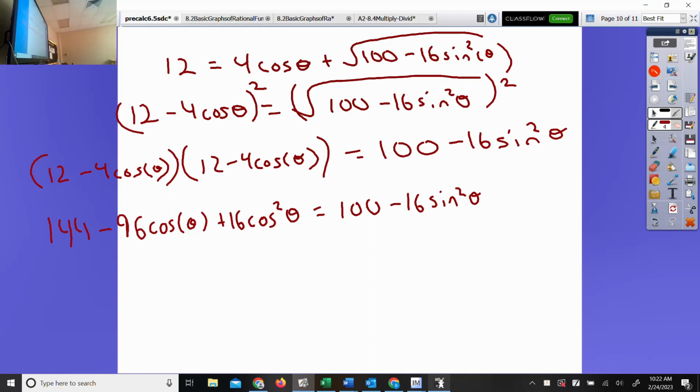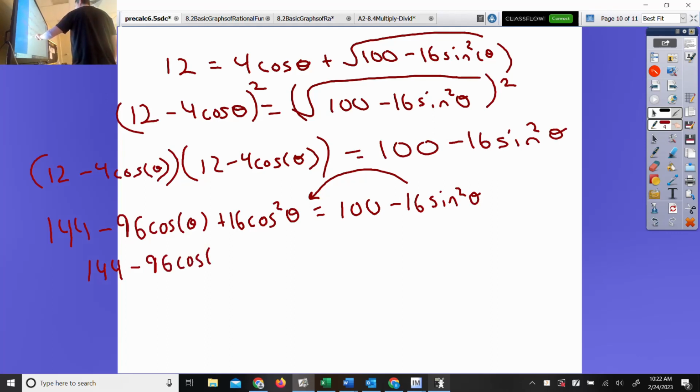Let's move this over here real quick. I'm going to leave some stuff floating around here, but what I'm interested in is the fact that I had a cosine squared and a sine squared.